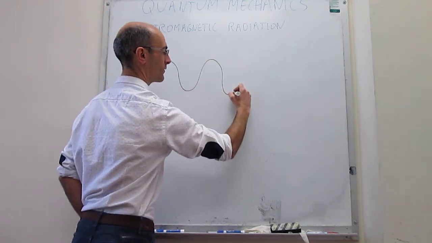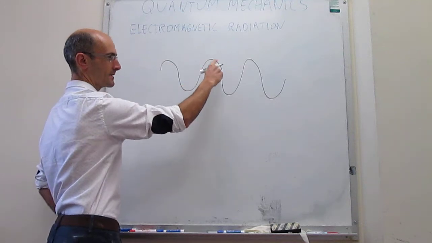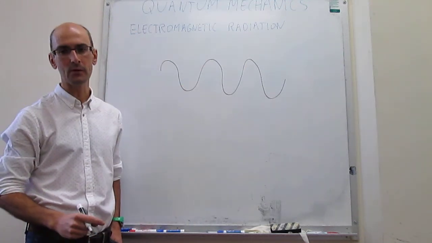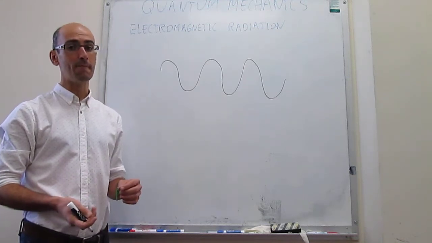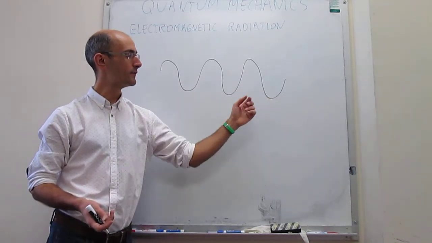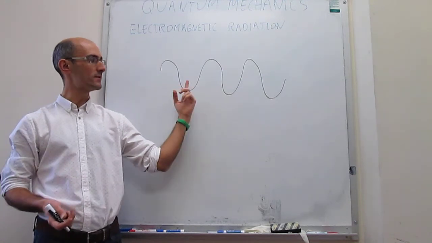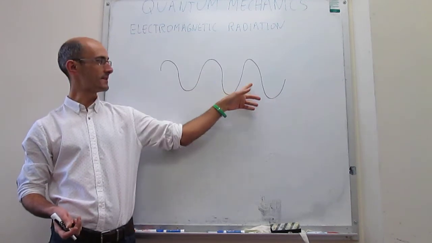So we have an electric field that is moving away from a source, and it's oscillating in time, going through peaks and valleys. Associated with this, you actually have a perpendicular magnetic field. That will be the electric field part of this wave, and then you will have a magnetic field that will be perpendicular to this and reaching peaks and valleys in a different plane at the same time as this electric field is.